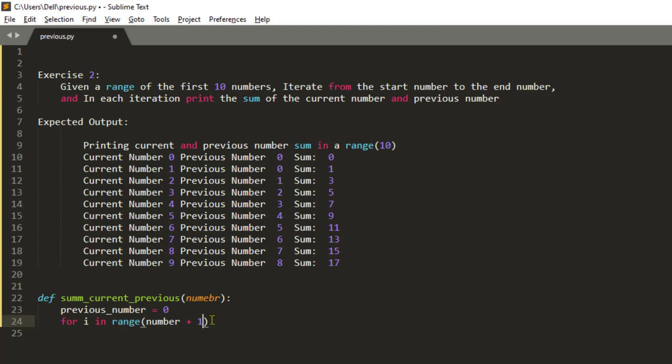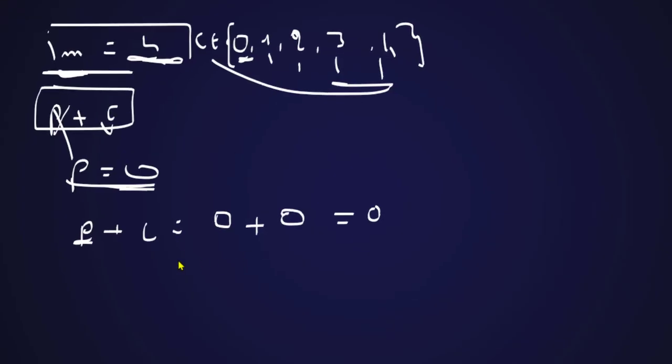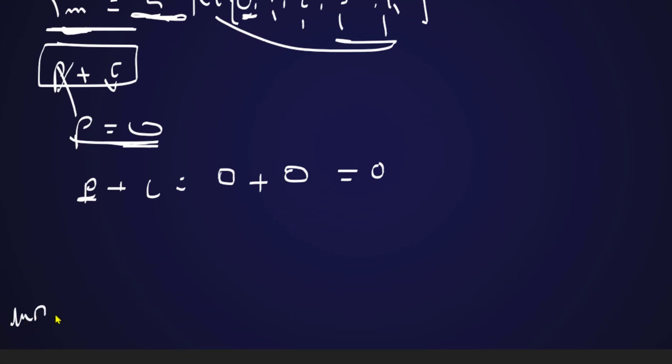Why do I add plus 1 here? Because in Python, if the user gives us number 4, range(4) means 0, 1, 2, 3. That's 4 numbers, as you see right here, including the 0. So we have to add plus 1 to get up to 4.